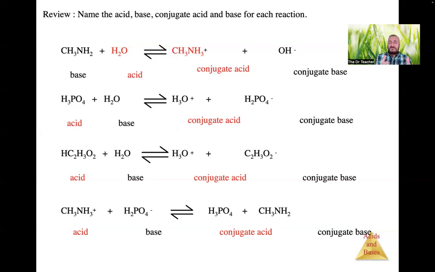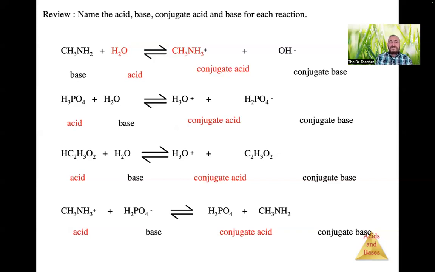So you see, whichever is behaving like an acid is in plus. Either you know the acid itself before deprotonation, you know the acid. See the first equation. It was a base, but when it accepted one proton, it became an acid.